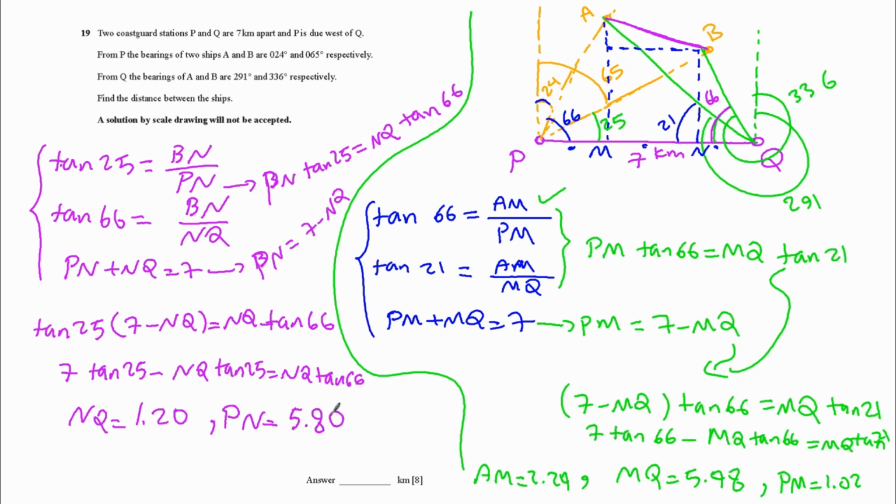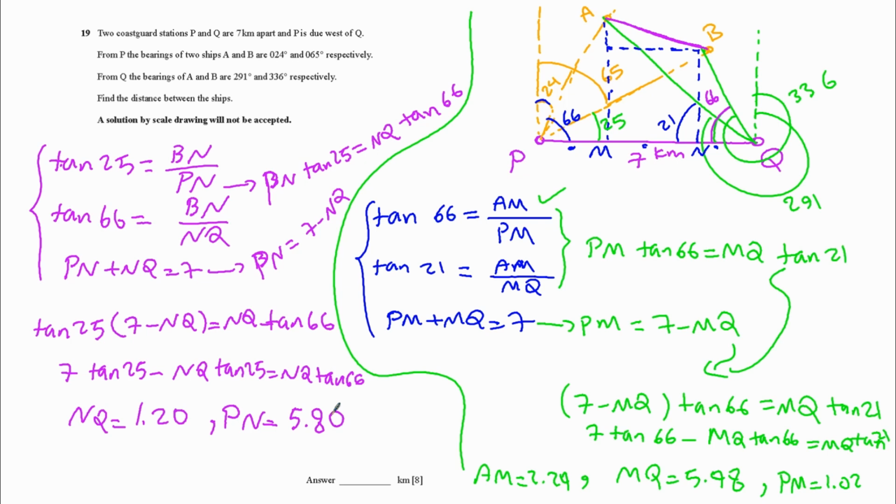Bn would be Pn times tan 25. So Pn is 5.80 times tan 25. So that is 2.70. So Bn is 2.70.